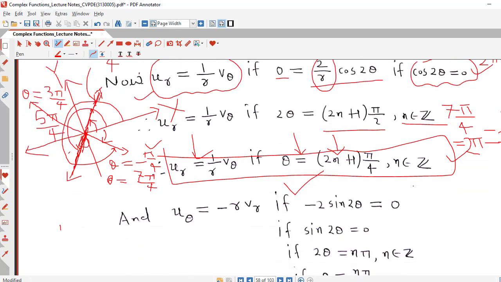Suppose I want to obtain 3 pi by 4, then I can determine for which value of n it is 3 pi by 4. If we compare with (2n plus 1) into pi by 4, then we can say that 2n plus 1 is 3.